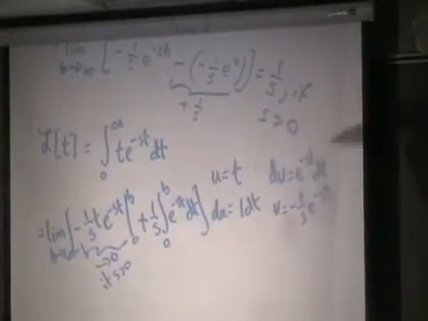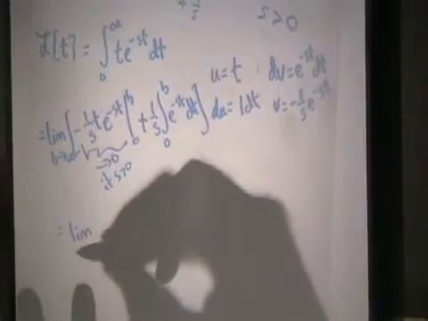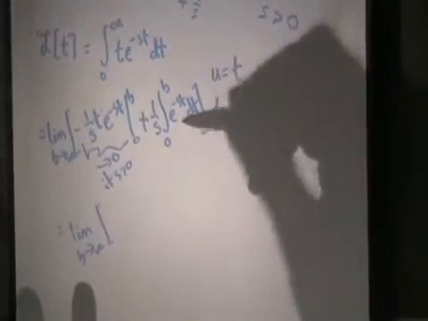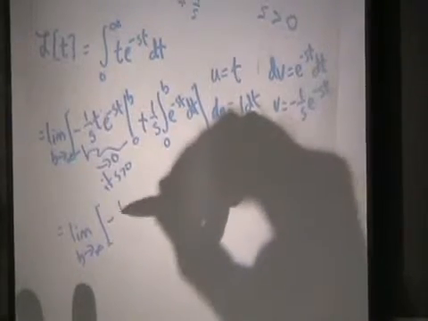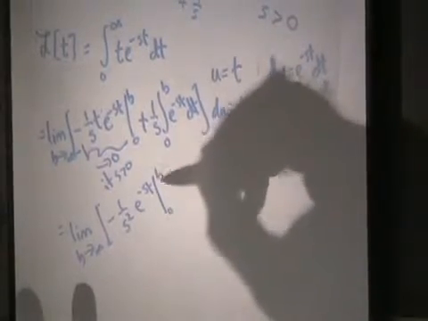So we end up looking at this integral. And we're going to get another, let's carry the limit sign along, another negative 1 over s involved, so we'll get negative 1 over s squared here ultimately, e to the negative st evaluated from 0 to b.